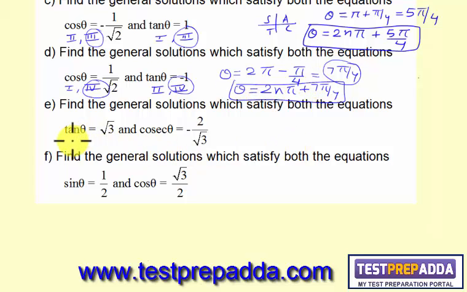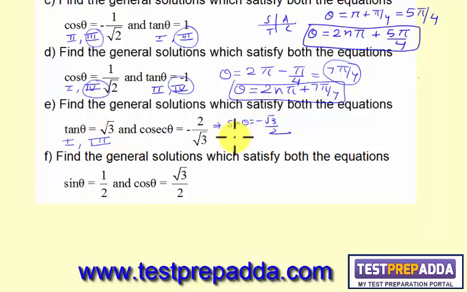Now, similar question where tan theta is root 3 and cosec theta is equal to minus 2 by root 3. Cosec theta is minus 2 by root 3, so I can write here sin theta as minus root 3 by 2. Now tan theta is root 3 means positive, so it will be either in the first quadrant or in the third quadrant.